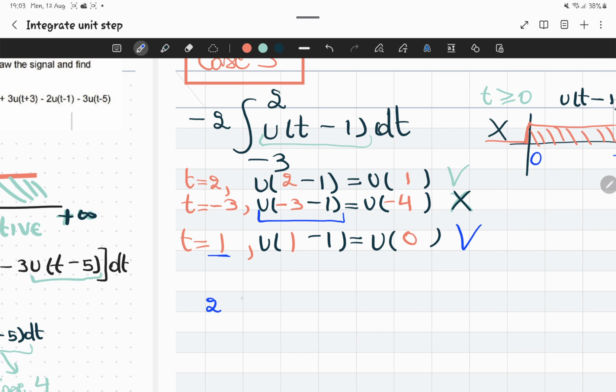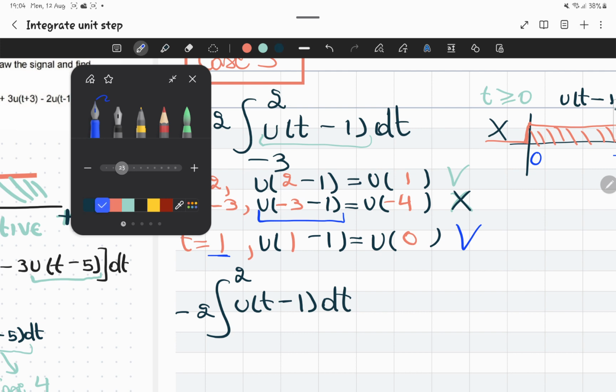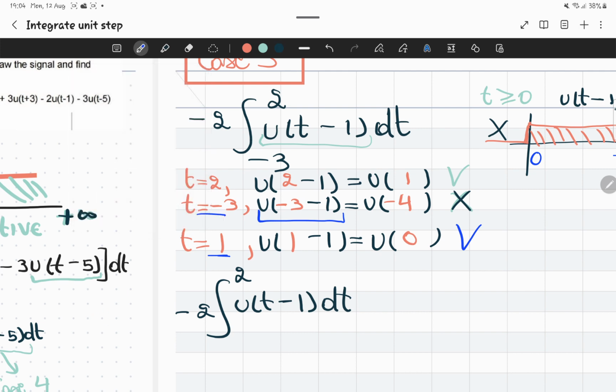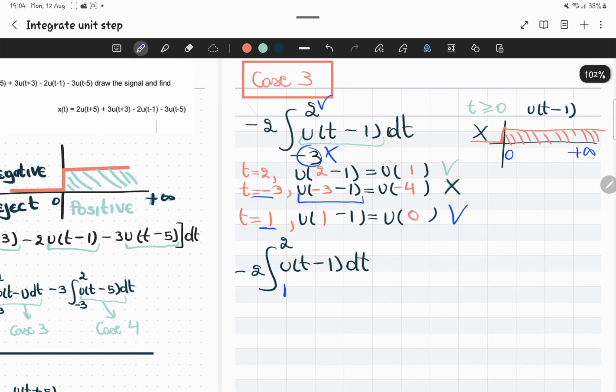It's going to be from 2 to negative 2, unit step t minus 1 dt. Where we have t equal to 2 it verifies, but where we have t equal to 3 it doesn't verify. So since it doesn't verify, we're going to put this value here. It's going to be 1, t will be equal to 1. This is for case 3.